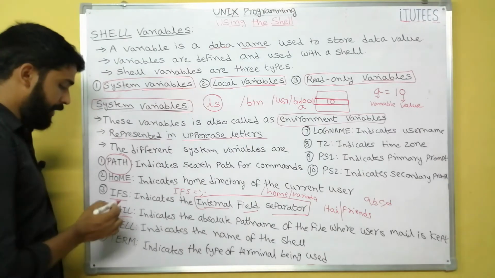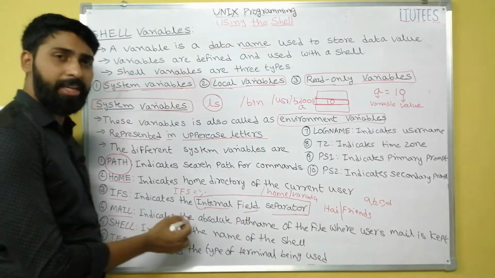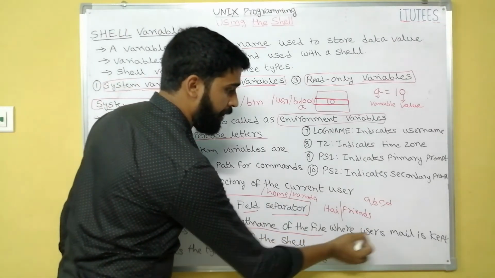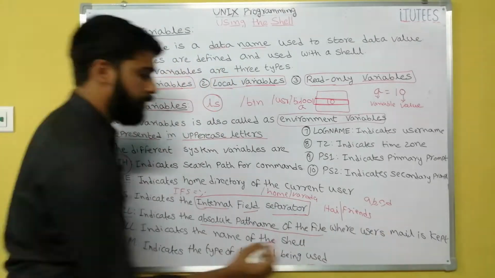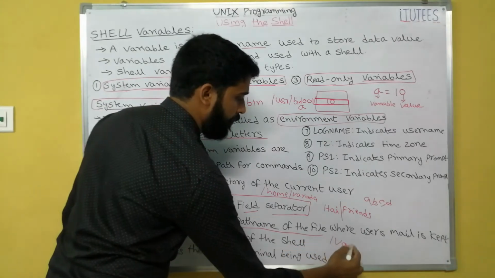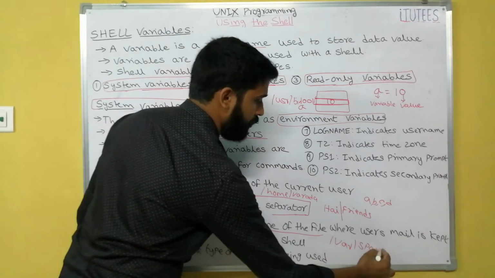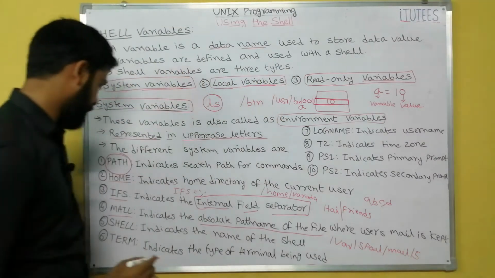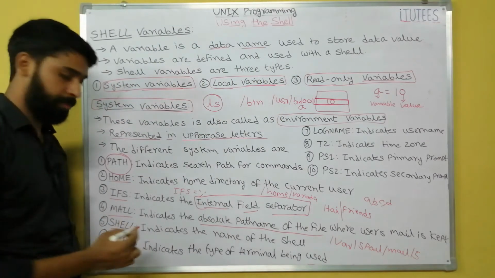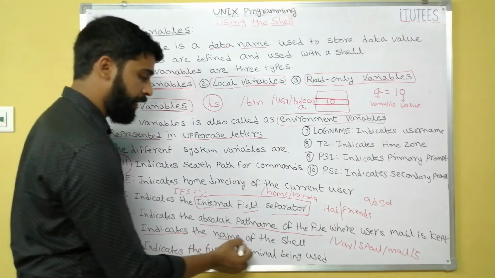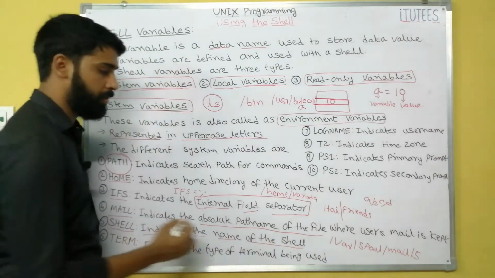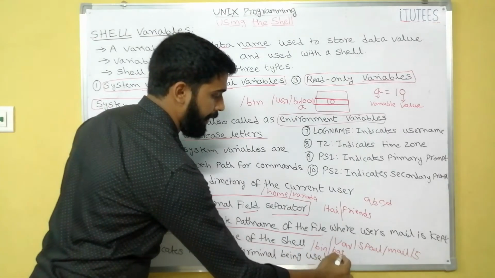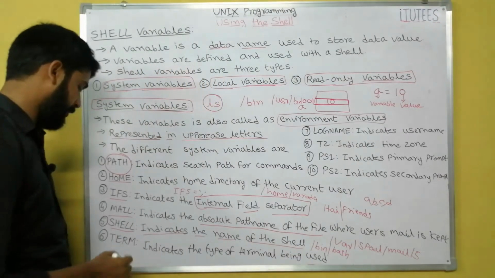Next, the MAIL variable indicates the absolute path name of the file where the user's mail is kept. Normally it is stored in /var/spool/mail/file like this. Next, SHELL indicates the name of the shell we are using. In my case, we are using /bin/bash, so this is the output.